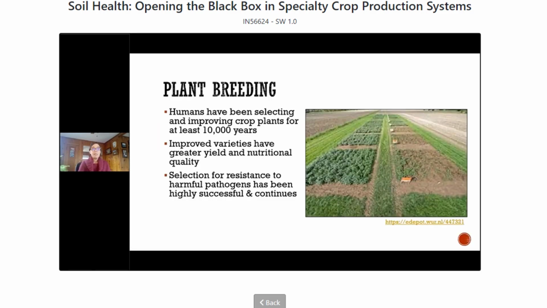So plant breeding is something that has been happening for a long time. Both humans, farmers traditionally, and now plant breeders have been selecting plants for at least the last 10,000 years. And so we know this is very valuable. These improved varieties have greater yield, greater nutritional quality. And it's also been very successful in selecting for resistance to harmful pathogens, right?